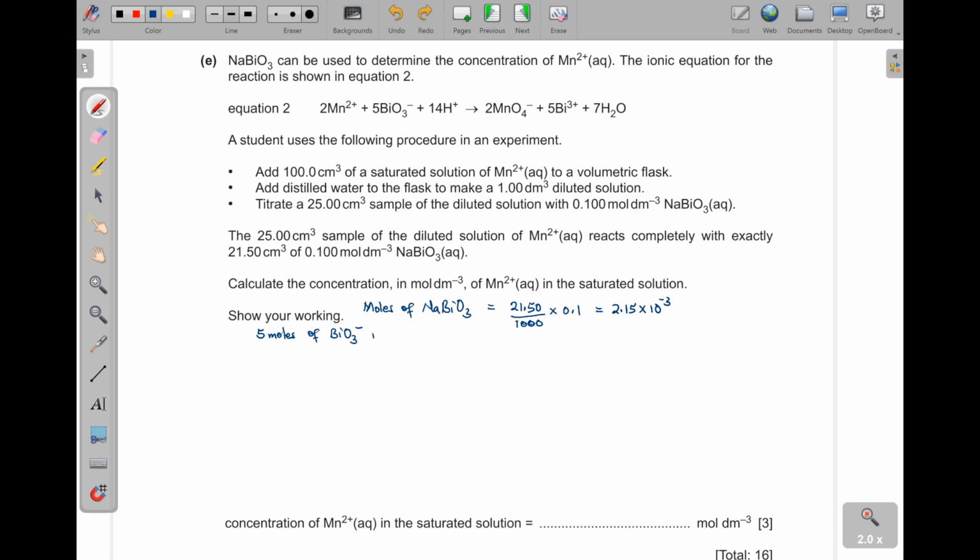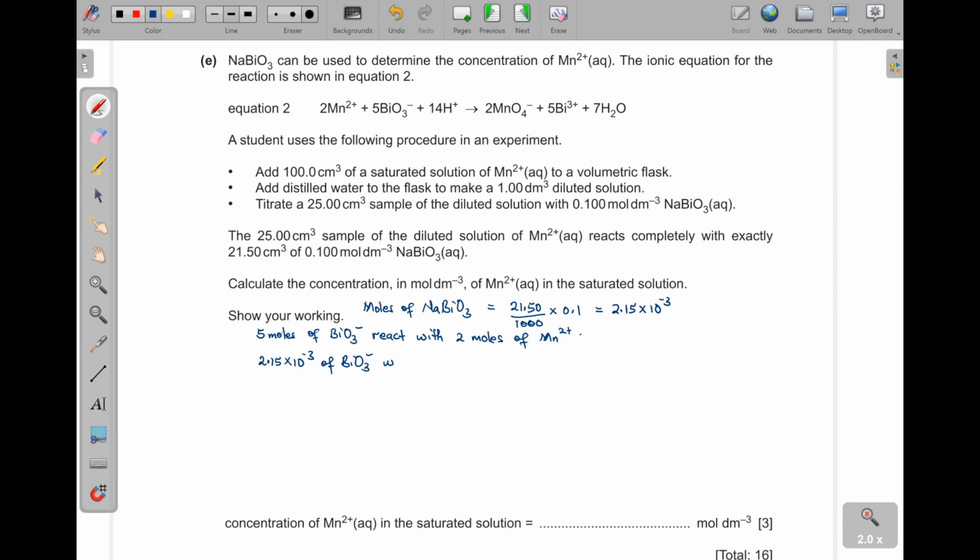Then the 5 moles of sodium bismuthate react with 2 moles of manganese 2 ions. Let me use first principles for you to understand this very well. Then how about the 2.15 times 10 to the power negative 3 moles of this bismuthate?